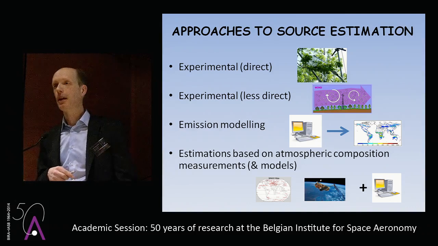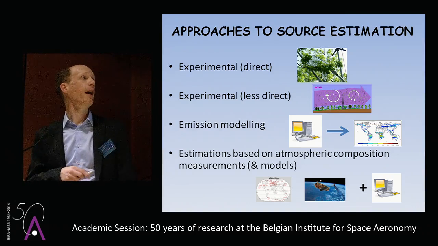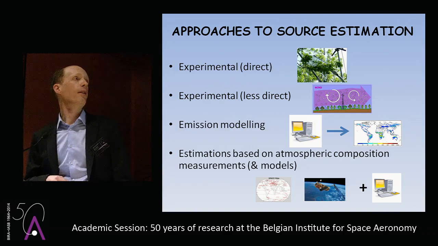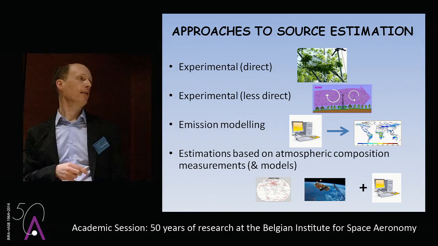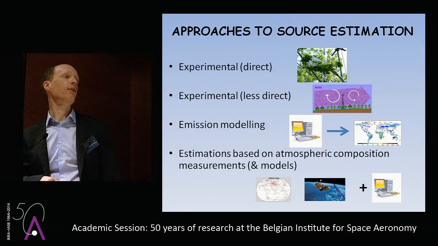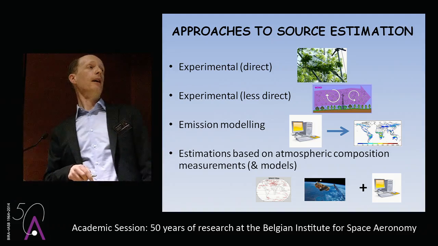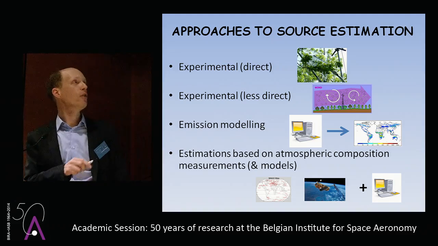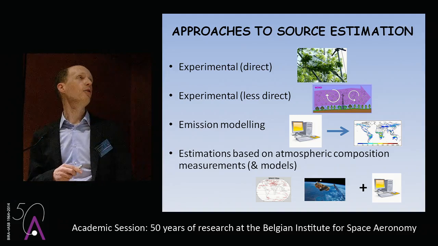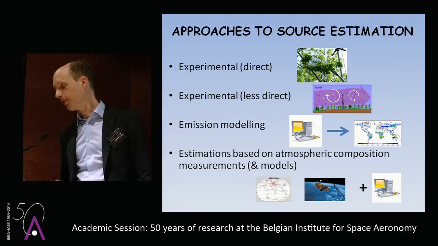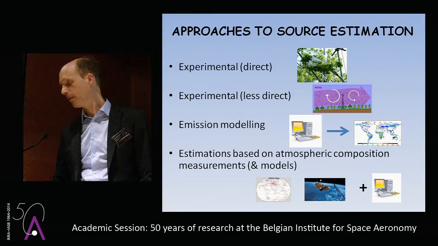So the ideal method would be to combine all that with what we know from atmospheric composition measurements, by accurate measurements from ground-based stations, for example, or from satellites, in combination with models and with those flux measurements. We should get the most comprehensive view of the emissions.